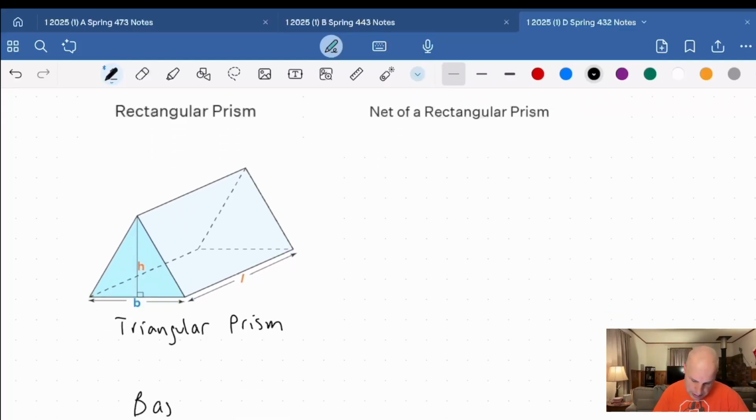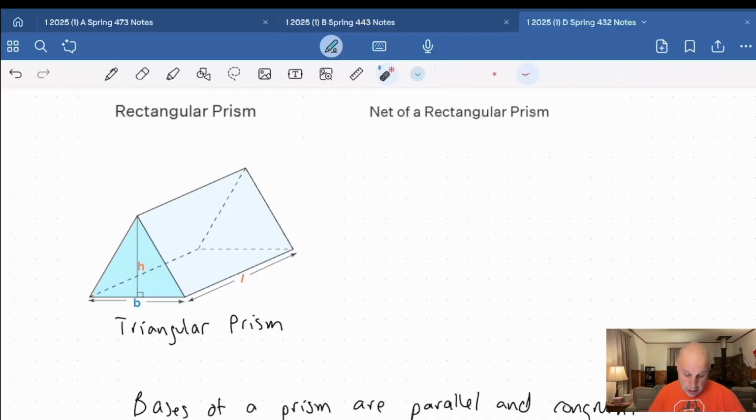So bases of a prism are parallel and congruent. And if we look at this triangular prism, we can see that there are 5 faces in total. We have the two triangles.